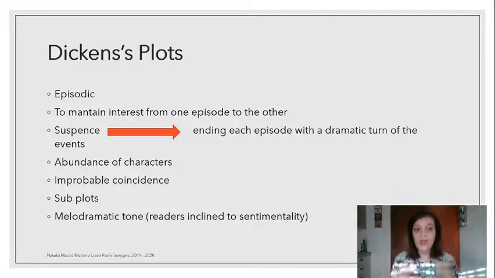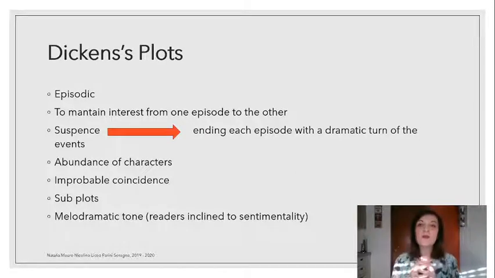And then one of Dickens's characteristics, that's why I like something of what he wrote, but not everything, is a melodramatic tone. He often uses this tone which is really melodramatic, full of sentimentality. Why? Because it was exactly what his readers were inclined to.